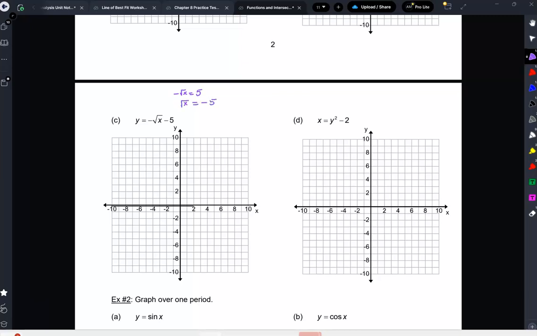Here, negative 5, right? And then when x is 1, y is negative 6. When x is 4, y is negative 7. Another trick is you can always plug in points.